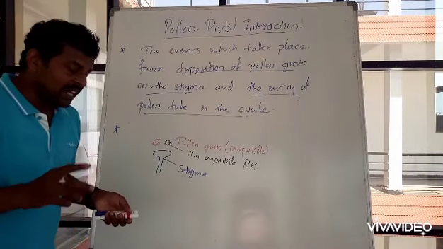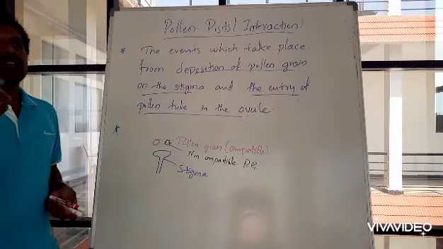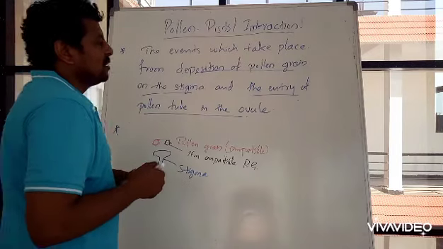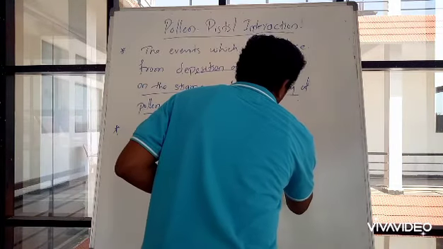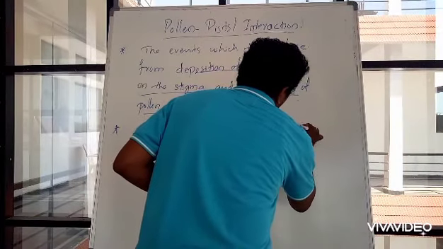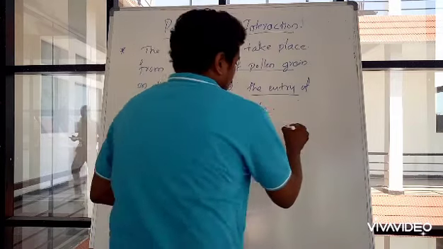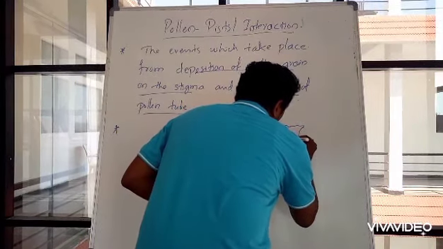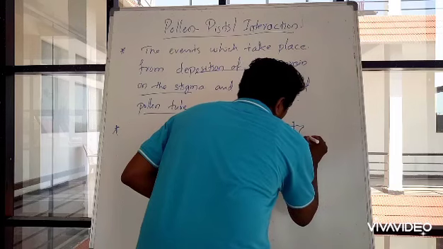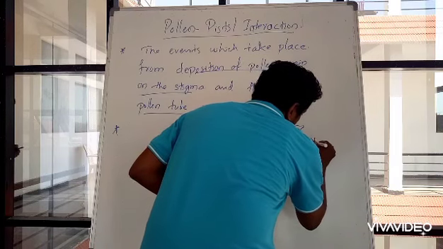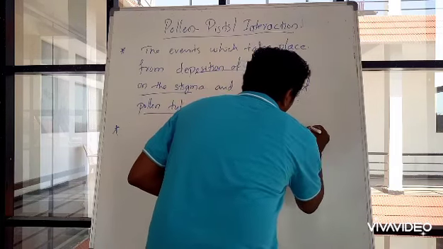Let's take an example of a flower over here. This is a flower which has the female reproductive parts, stigma, style, and ovary, nothing but the pistil. So this is the stigma portion.